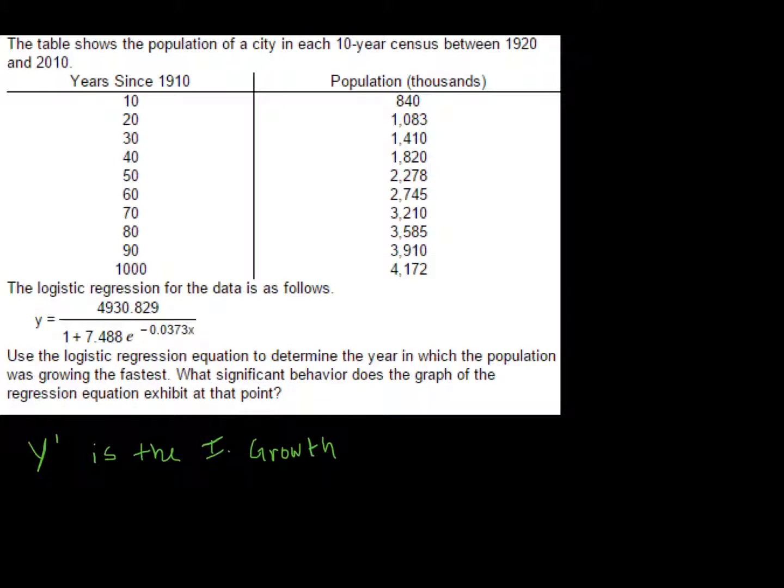And so to find the extreme of a function, we can use the first derivative test, meaning that if this is the function I'm trying to maximize, I'm trying to find where the growth is greatest. What we're going to do is take the derivative of this function.